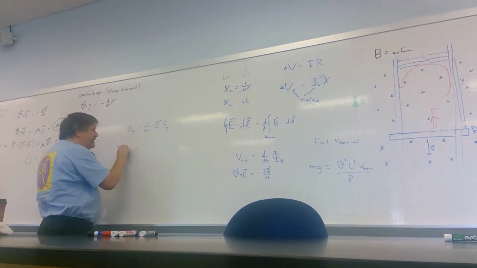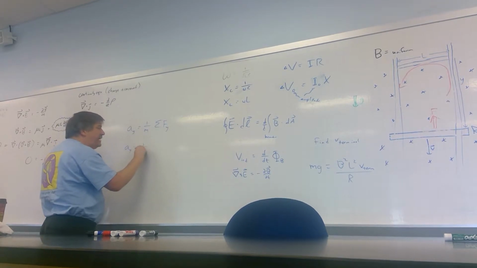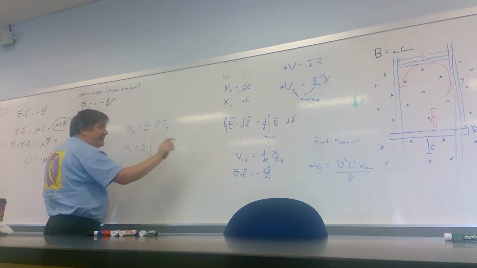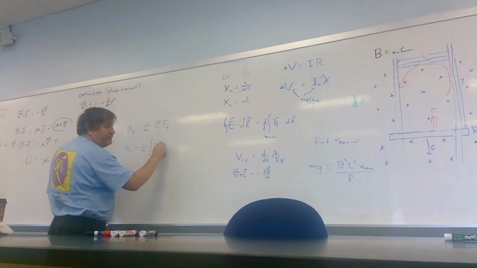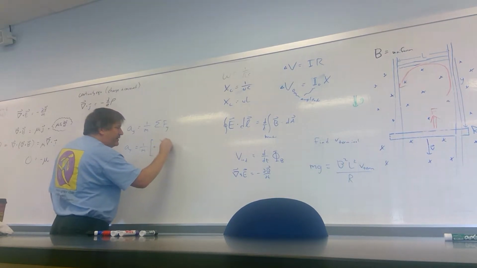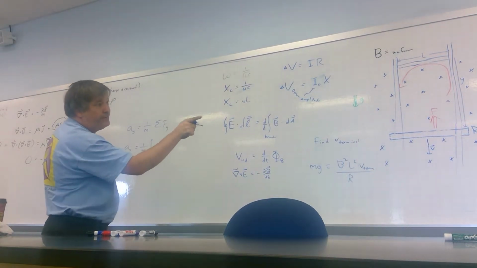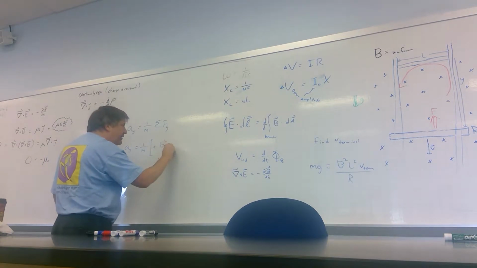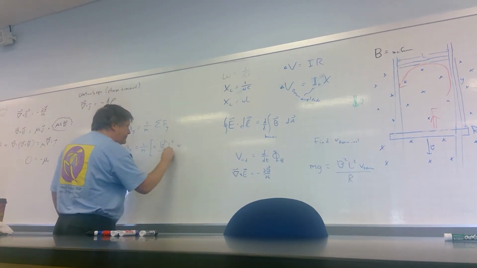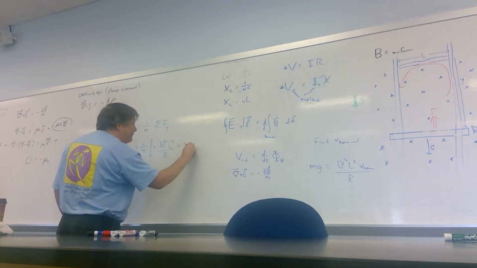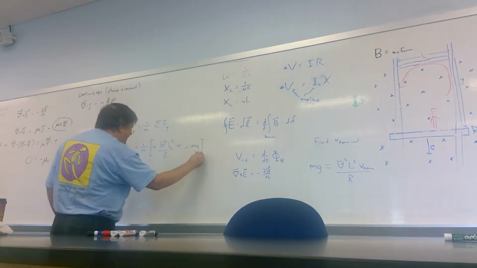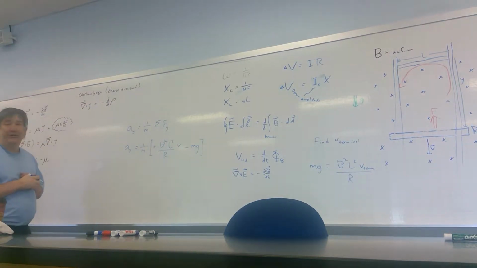So the acceleration is 1 over m times, I've got an upward force of B squared L squared V over R, and I've got a downward force of mg.